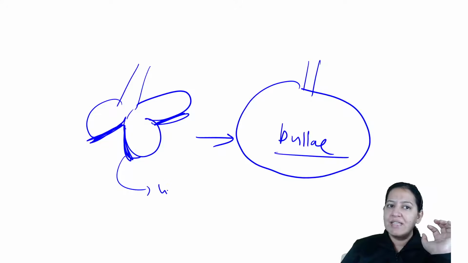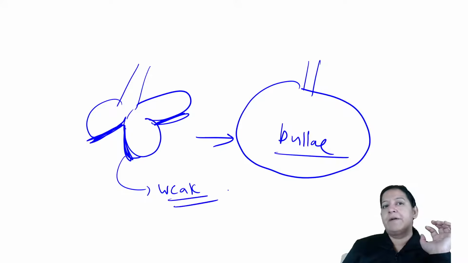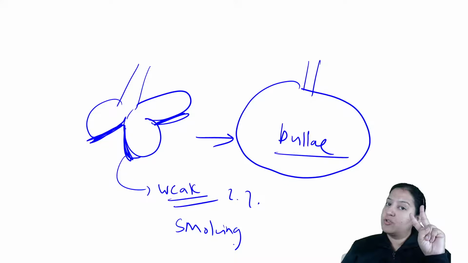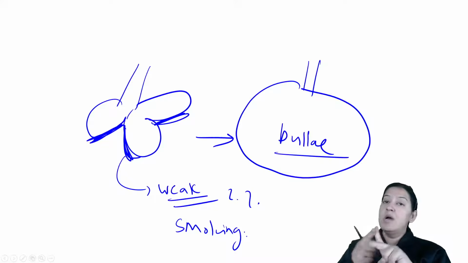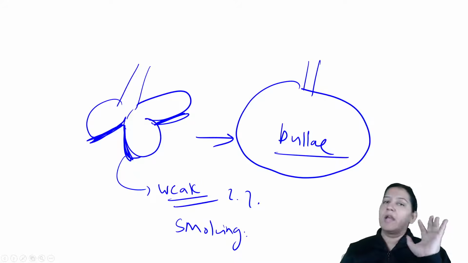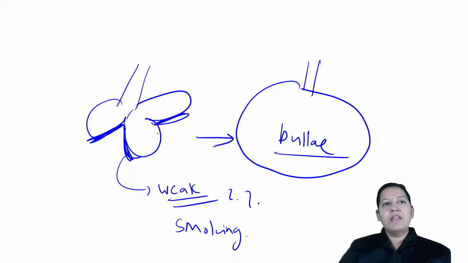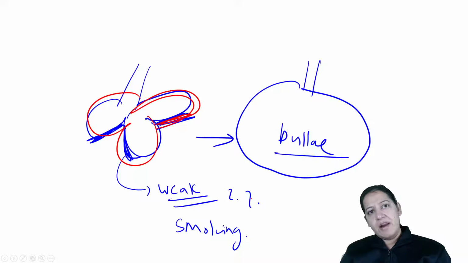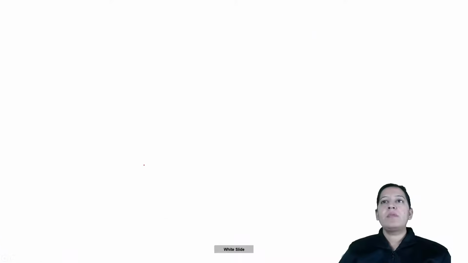Now the question arises, why does the wall become weak? Again, the reason is smoking. Smoking leads to both chronic bronchitis and emphysema. Now, why due to smoking? In the wall of the acinus, there are two types of enzymes.